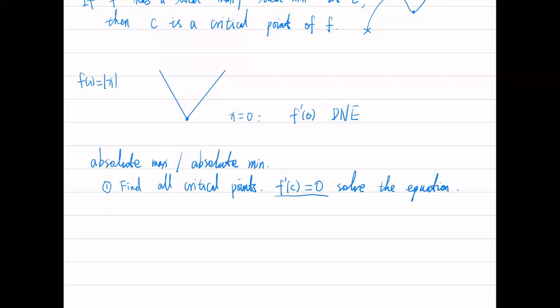Then we compare the values at the endpoints and at critical points.